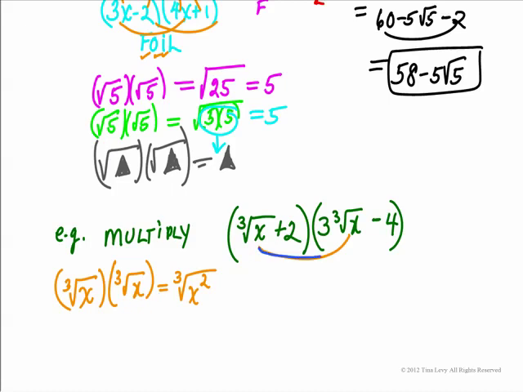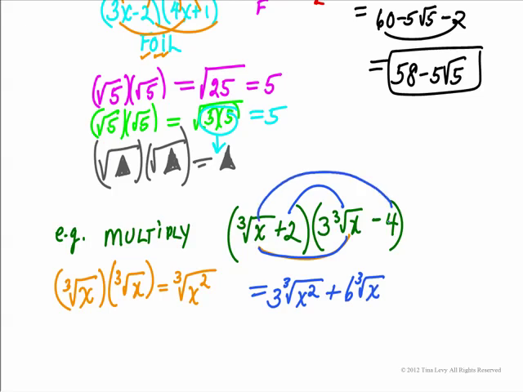So working this, our first term gives us 3 was outside jail. Cube root of x times cube root of x is cube root of x squared. Our inner, 2 times 3, 6 cube root of x. Our outer, negative 4 times the cube root of x.